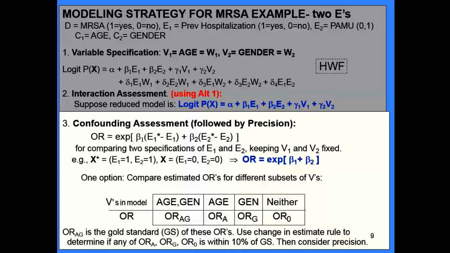There's a number of different ways of doing it, but what if we specify, look at what I said here. Suppose we decide to compare E1 equal to 1, E2 equal to 1 versus E1 equal to 0 and E2 equal to 0. What are we doing if we decide that's the key comparison we want to make?